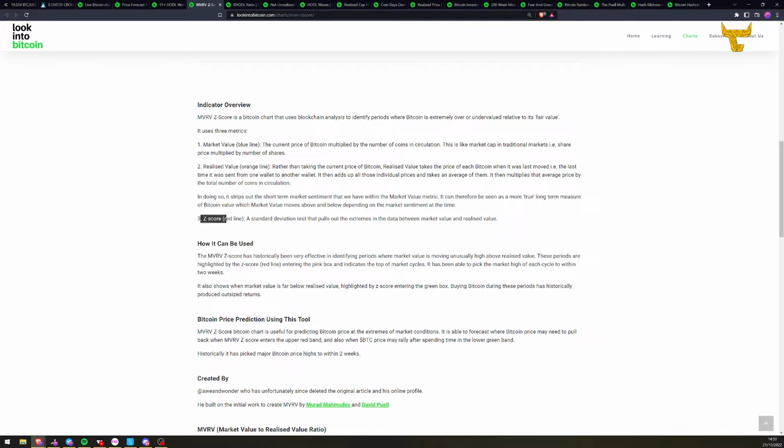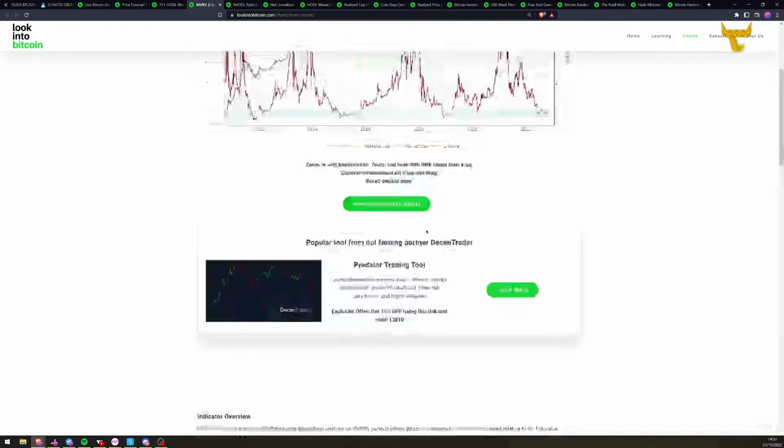And the Z-score, it's a standard deviation test that pulls out the extremes of data between market value and realized value.